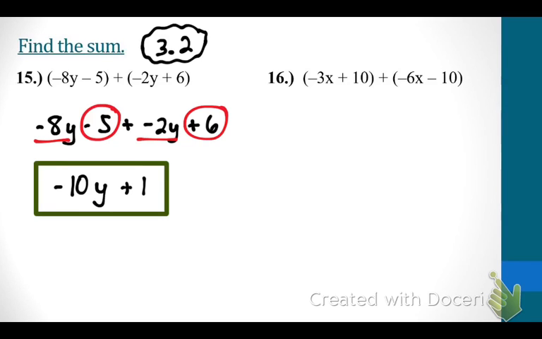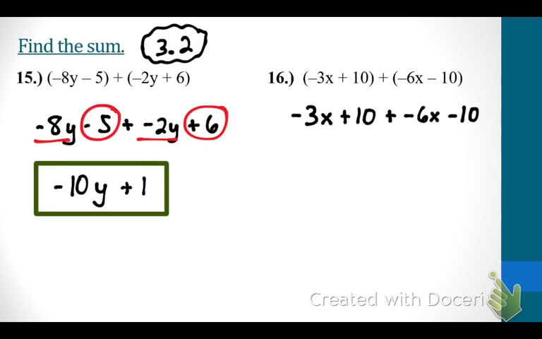Next up, let's go on to the next one. Addison, do it for me, please. Do I need the parentheses around the first one? Nope, so we're going to drop that down. Tell me what to do next. Okay, very good. There's no need to keep those parentheses, so we're just going to drop it all down. Now, what do you do when you underline and circle?